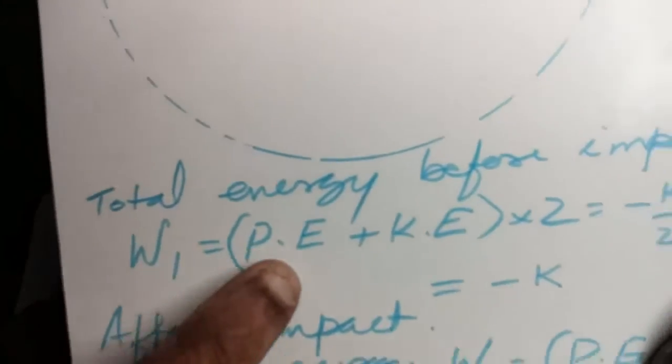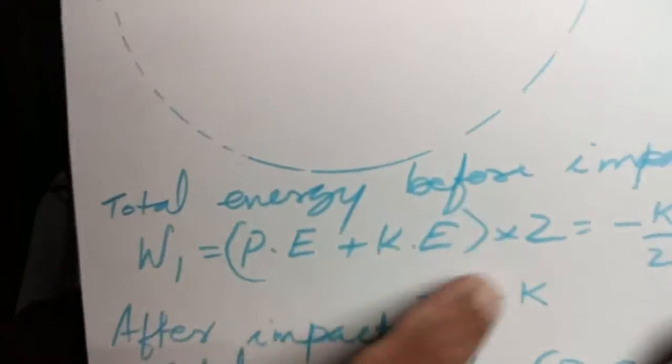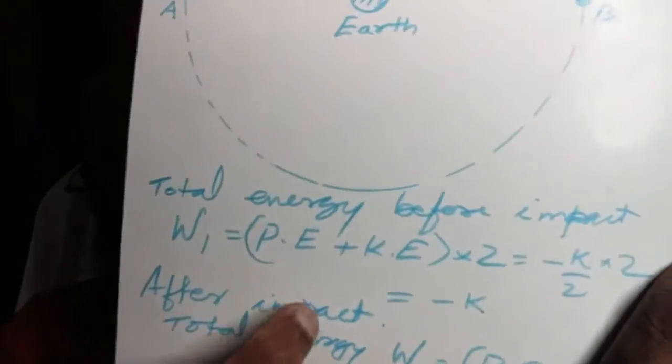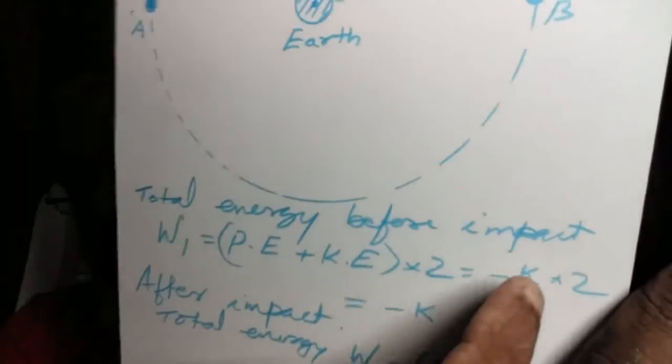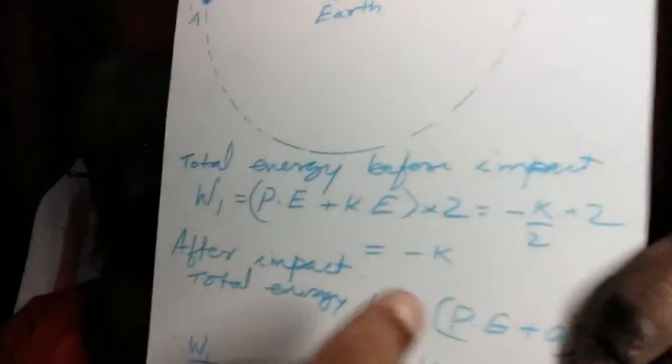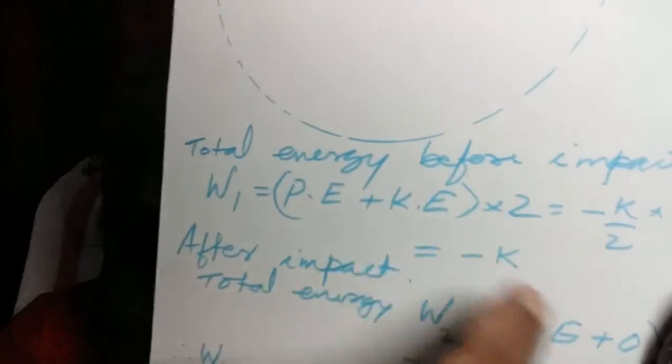W1 equals potential energy plus kinetic energy into 2, because there are two satellites, so for total energy you should multiply potential energy plus kinetic energy into 2. Potential energy plus kinetic energy is nothing but minus k by 2. We have seen it. So minus k by 2 into 2, that is minus k.